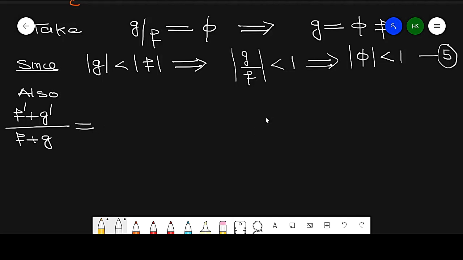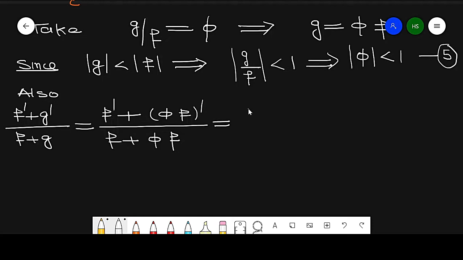We get f dash plus phi into f dash plus phi dash into f, over f plus phi f.